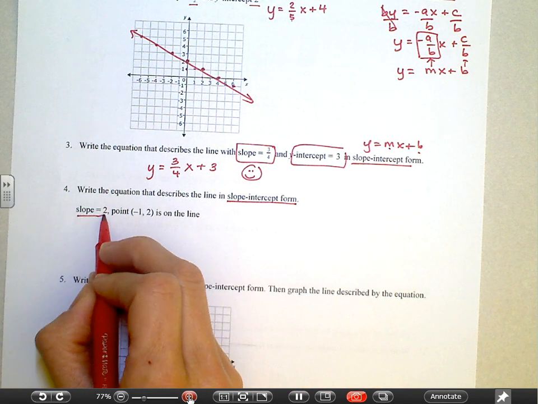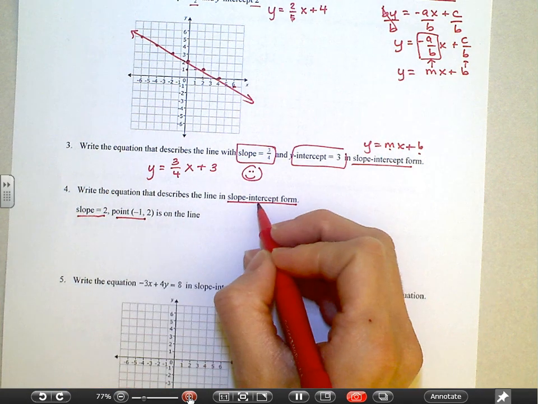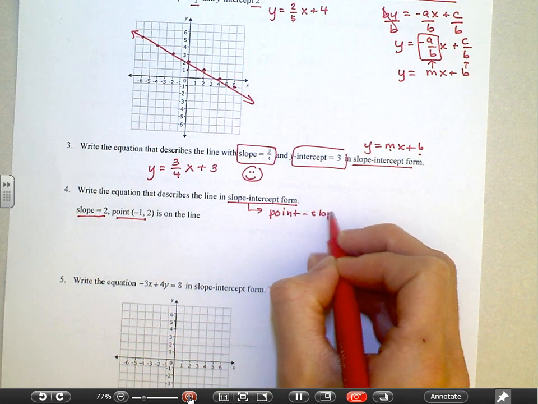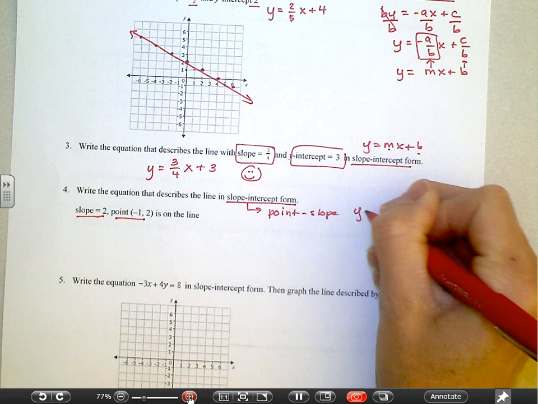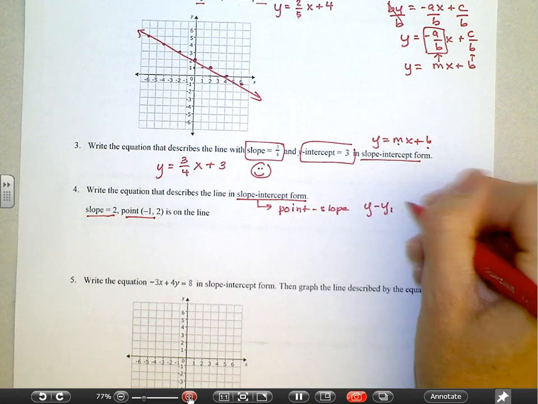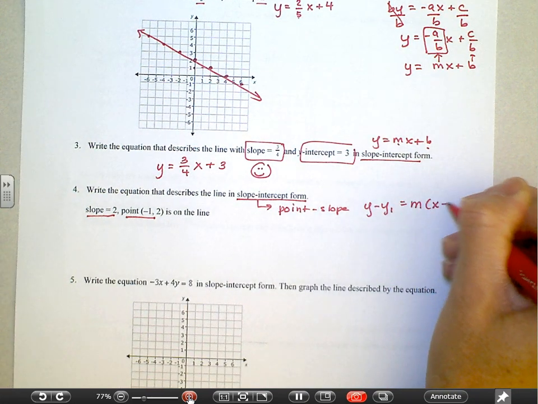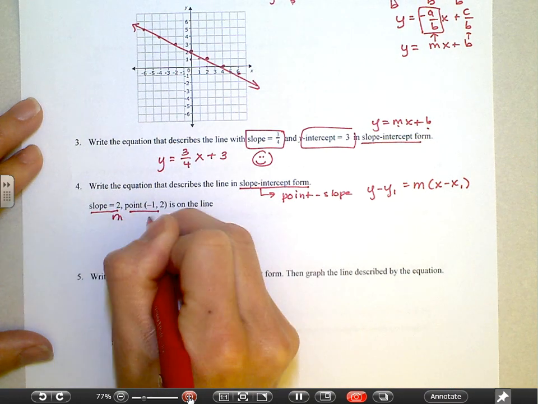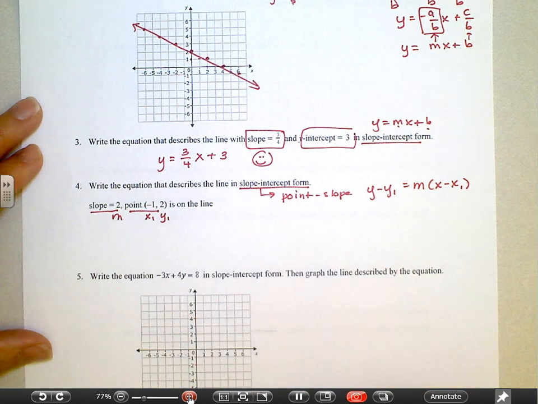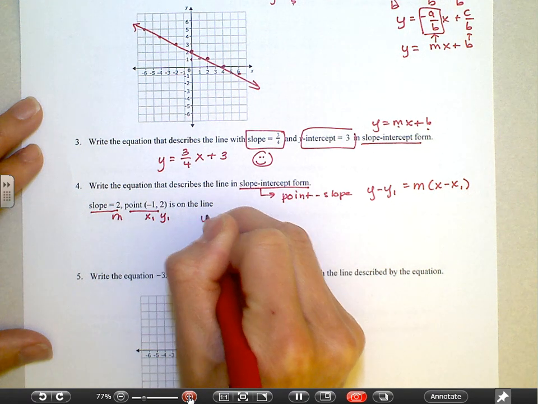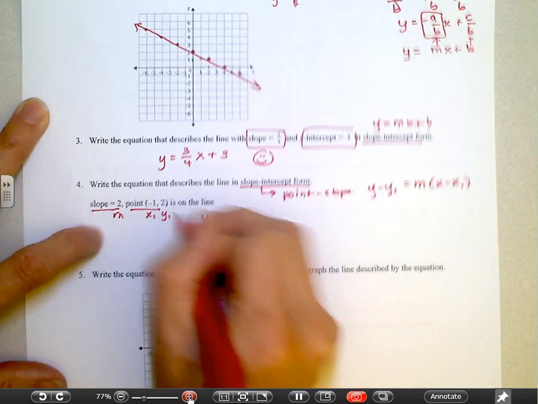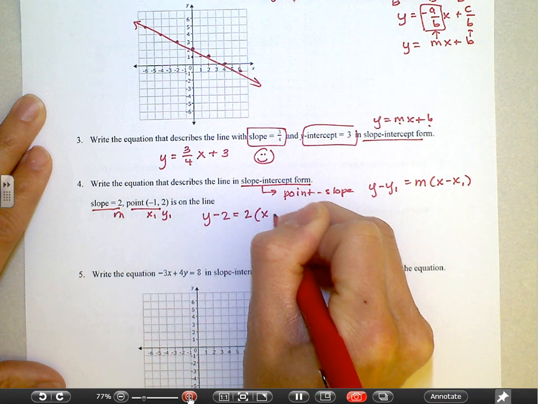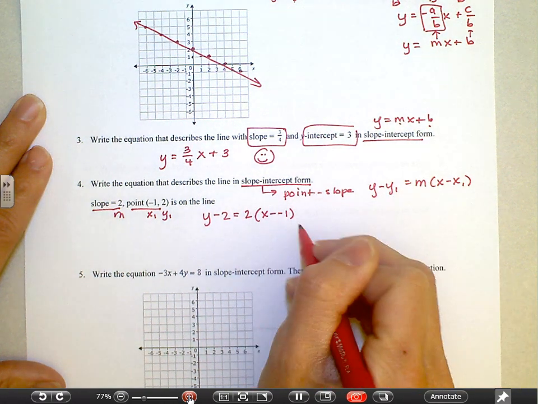All right, write the equation that describes the line in slope-intercept form. Here I'm given a slope and a point, so I can't write it in slope-intercept form right away. I have to take a walk through point-slope form first, which is y minus y1 equals m times x minus x1. This is my m, this is my x1, that's my y1. So y minus 2 equals 2 times x minus -1.